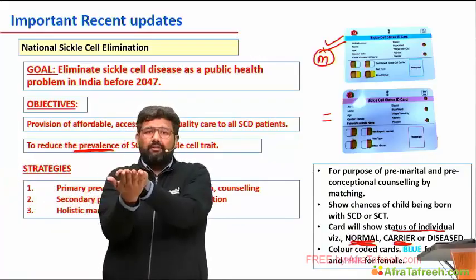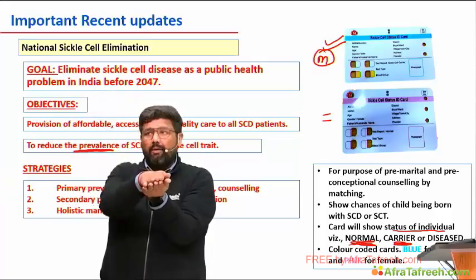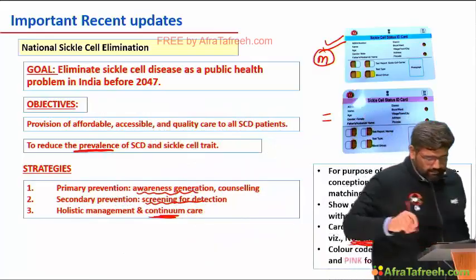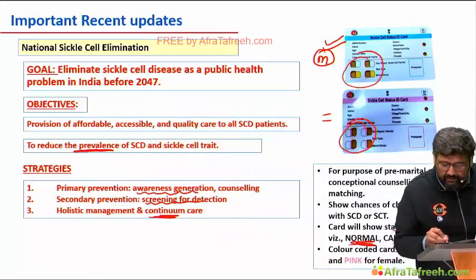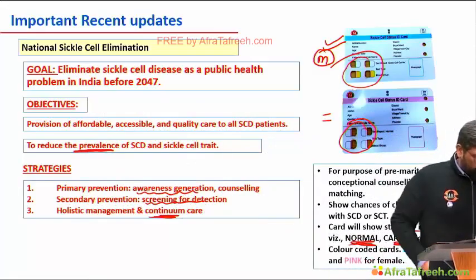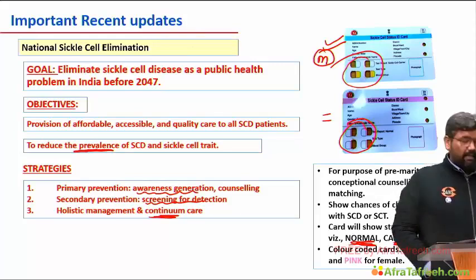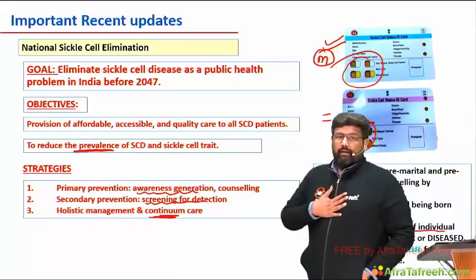You match the cards. When you put the male card above the female card, there is an indicator that will tell you the probability of sickle cell.